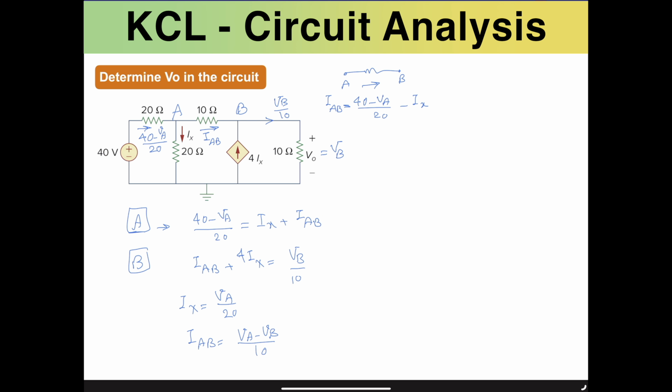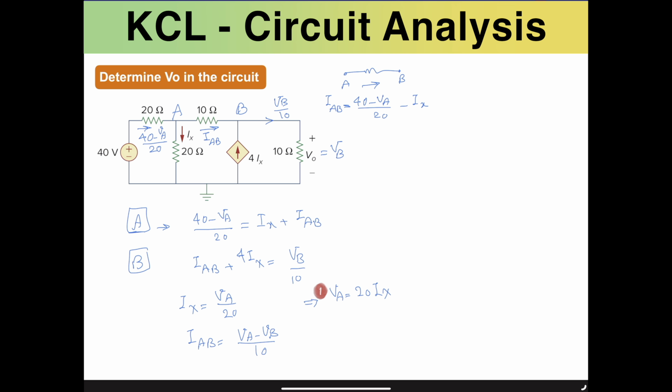In this case, we'll be using the method of elimination to move step by step to find each unknown variable. The first one is readily available over here. We can always use VA in terms of Ix, so VA is going to be 20 Ix. Let's call this equation number 1 before getting too complicated.